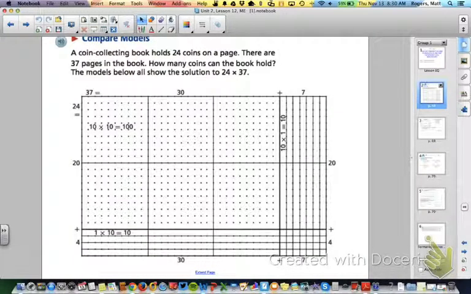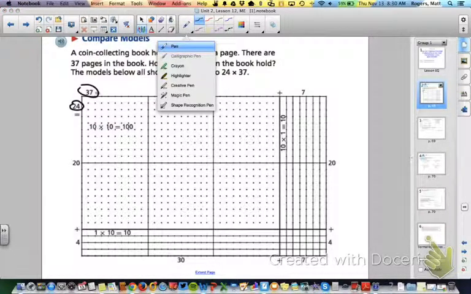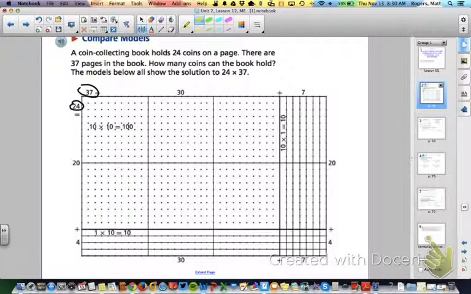Along the top, you have 37 times 24 in the top left corner. I'm going to grab the highlighter. We expand it out as 3 tens and 7 ones, and 2 tens and 4 ones, or 30 and 7, 20 and 4.